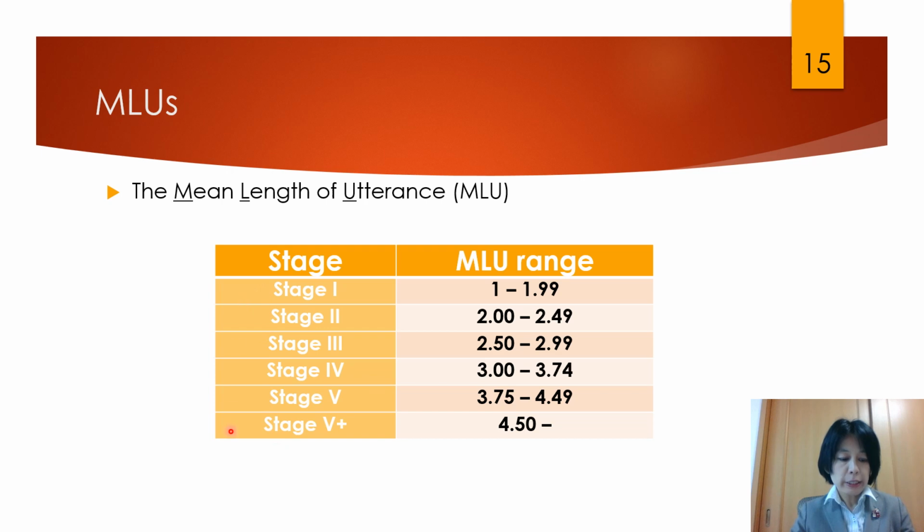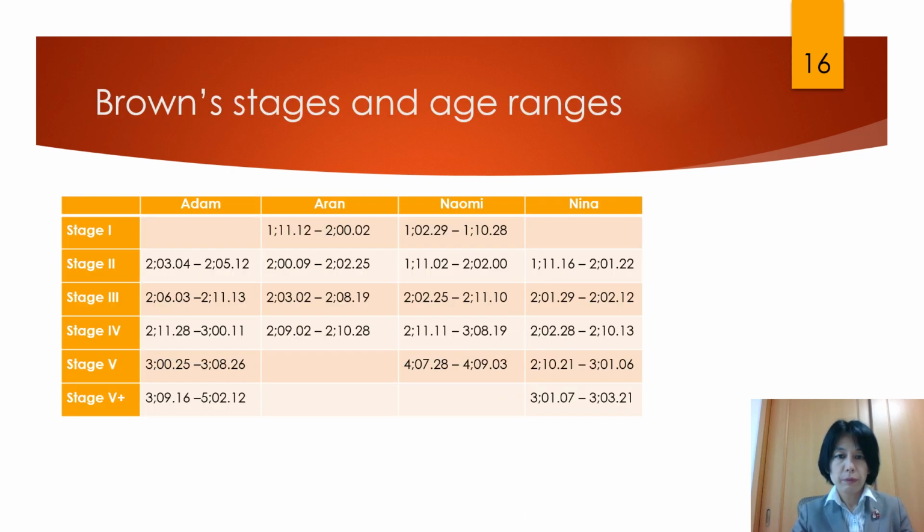Each stage has MLU ranges determined by the average number of morphemes in utterances. Therefore, this table shows the relationship between each stage and age ranges of the 4 children.